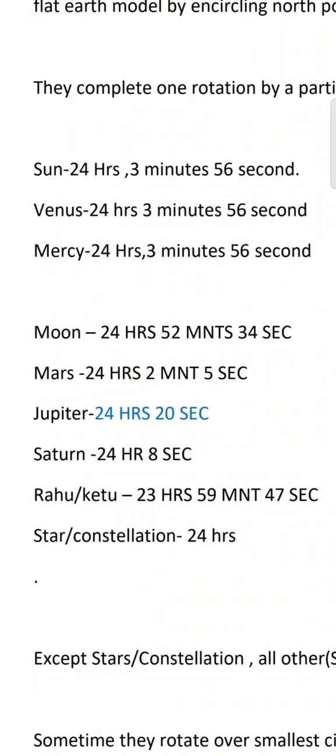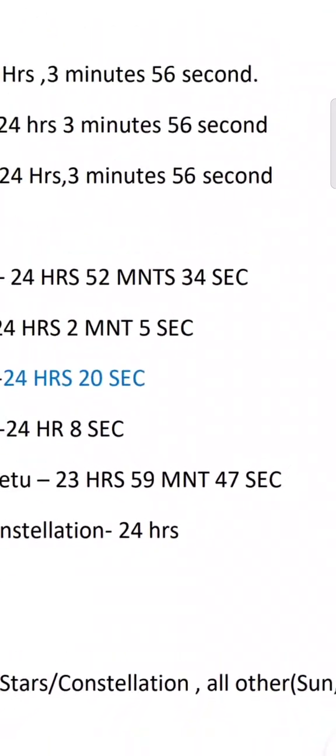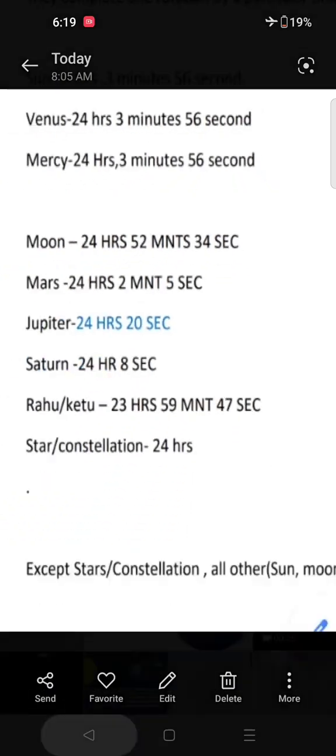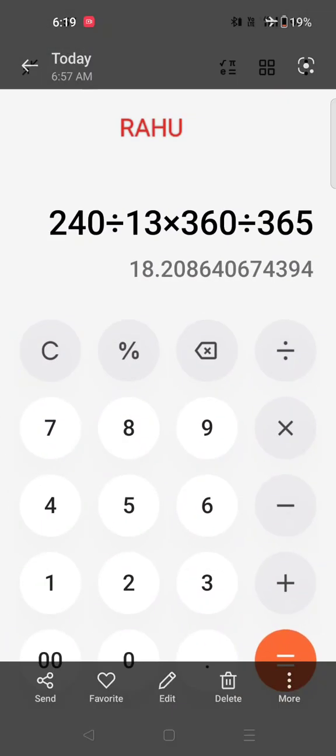That is why all other planets go forward, whereas Rahu and Ketu are considered retrograde, because they move opposite to the other planets, because they are faster than the constellation. So how much faster? They have a 13-second difference. So if we put 13 seconds, then it is 18.6 years.